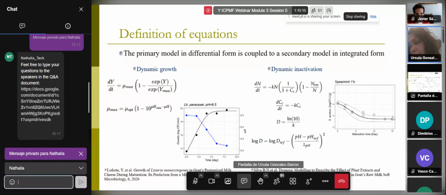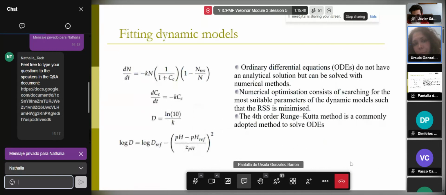This is something we had to do because we found this was a decay that has a little bit of shoulder and that also had a tail, so we have to represent here the shoulder, this term, the tail, and then this is one equation altogether, the two differential models. This was done to obtain a D value, and this is a Bigelow model for pH. But you have these papers, you can consult them.